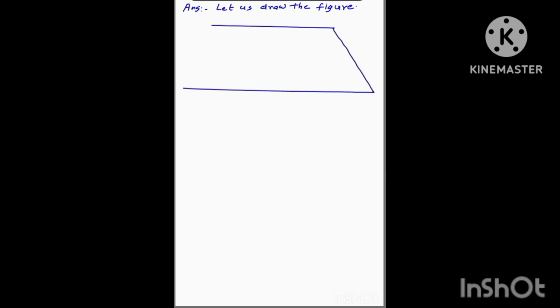So the answer to this question, we have to find x. Let us draw the figure again so that we can apply rules and calculate it. This is the given figure, a trapezium type figure, and this is a parallelogram, RISK, the green one.